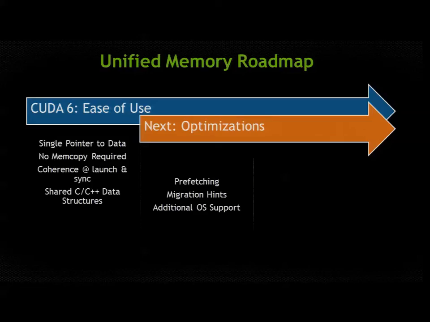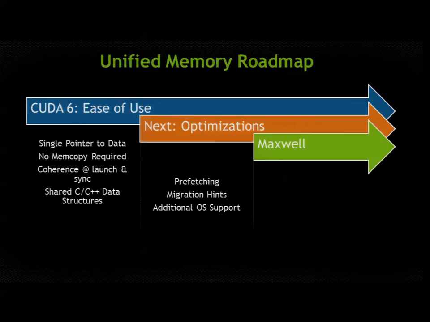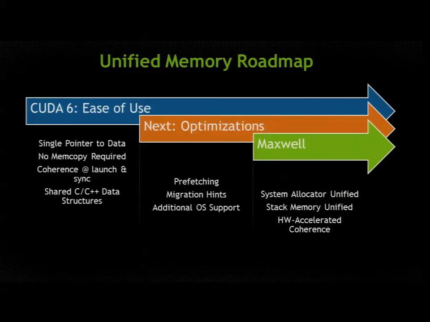So those are optimization steps that are coming up in the next release. And then once the next generation GPUs come out, the ones that have a true mechanism for detecting page faults on the GPU side as well, at that point it will no longer be necessary to have the CUDA malloc managed. Then we can just use the system malloc. And at that point, we will have true unified memory between host and GPU.